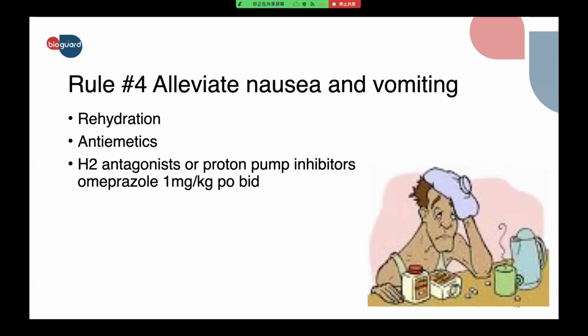We know stomach fluid going to the esophagus will cause a burn, because stomach fluid is very acidic, and if we don't treat or prevent it, it will make the esophagus inflamed.